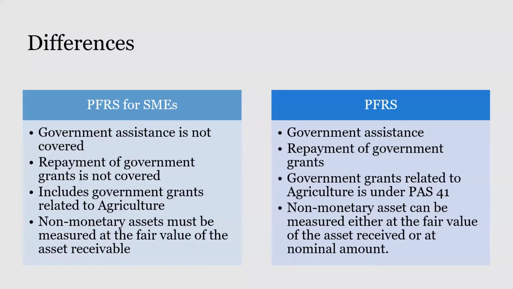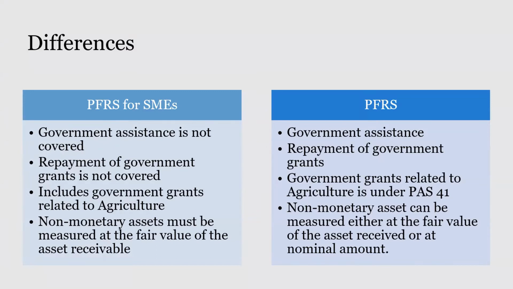So, ito yung key differences ng PFRS for SME sa full PFRS. Yung SME, katulad nito kanina, hindi niya cover yung government assistance. While sa full PFRS, covered niya yung government assistance. Hindi covered ng PFRS for SME yung repayment ng government grants. Sa full PFRS, covered niya. Sa PFRS for SME, it includes yung government grants related to agriculture.